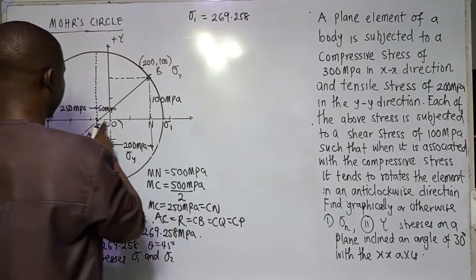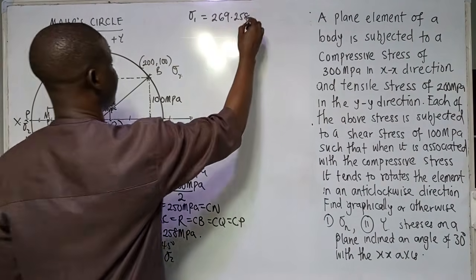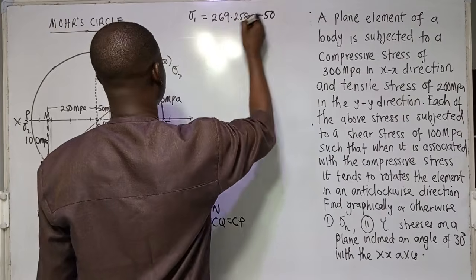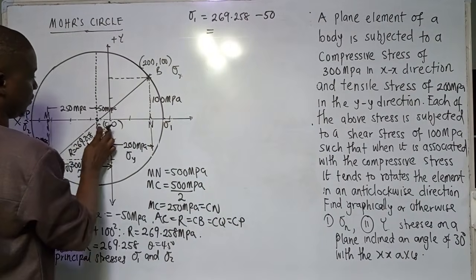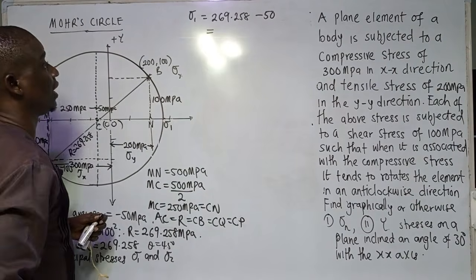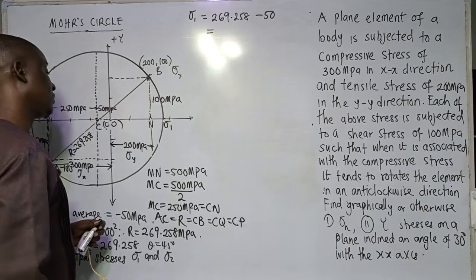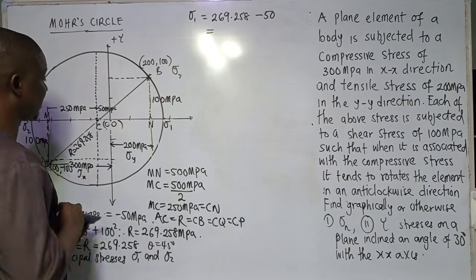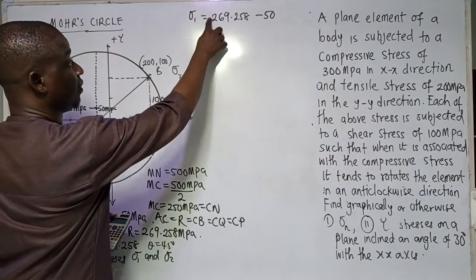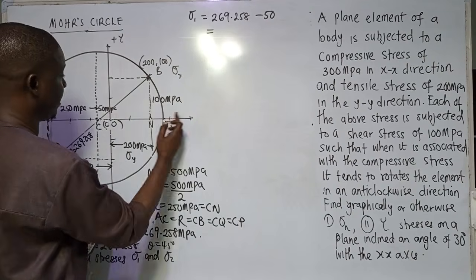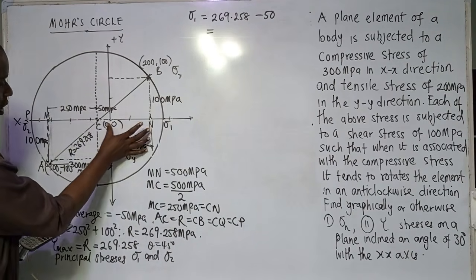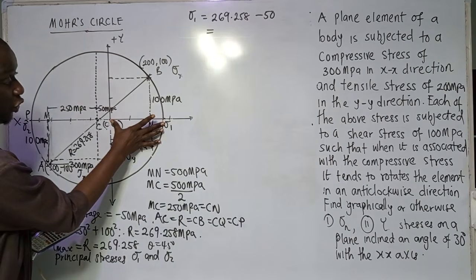269.258. Then this is negative minus 50. So what do we have? Remove this one to get here. Don't forget this minus 50. This plus from here, because we are moving towards this direction. Okay. Now anything I'm calculating is from the origin to the end.